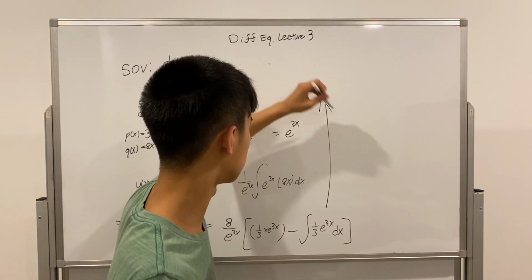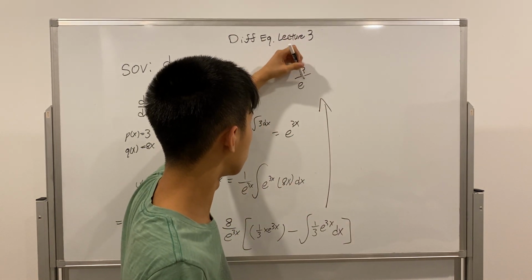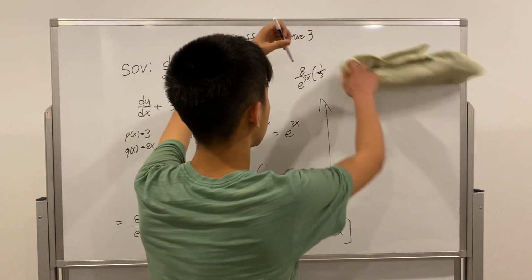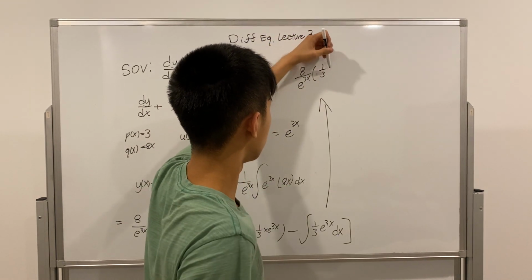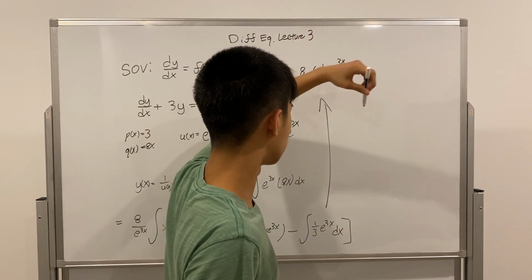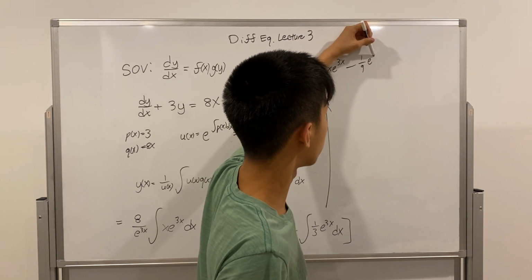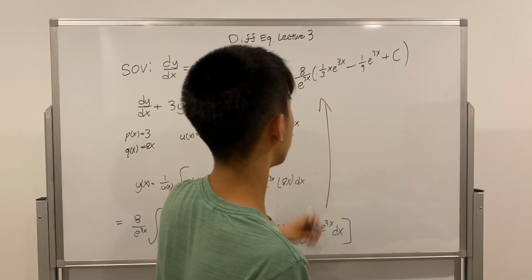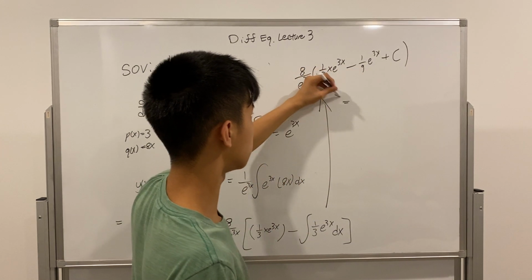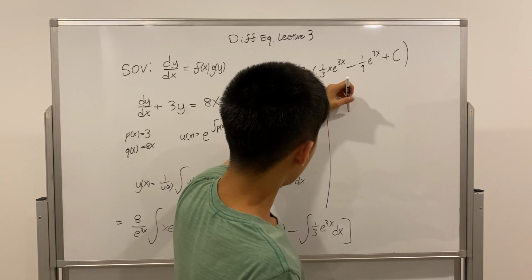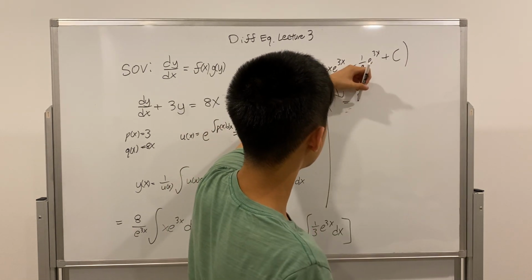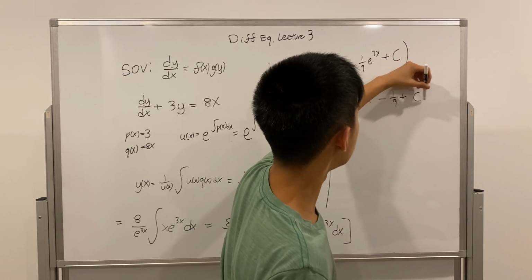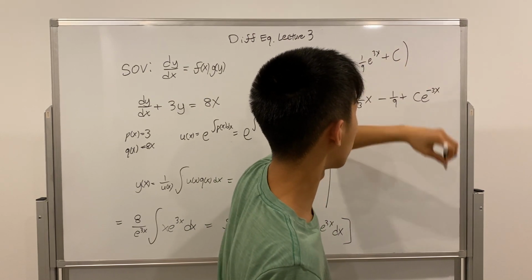Then this becomes 8 e to the negative 3x times 1/3 x e to the 3x minus 1 over 9 e to the 3x plus c. Then our final solution, simplified, becomes 8/3 x minus 1 over 9 plus c e to the negative 3x power.